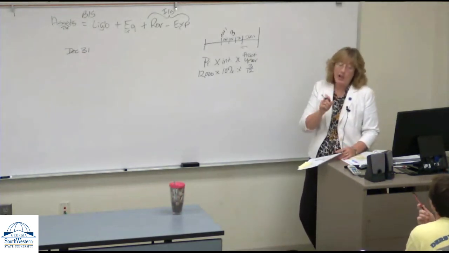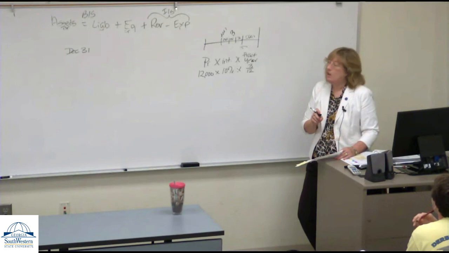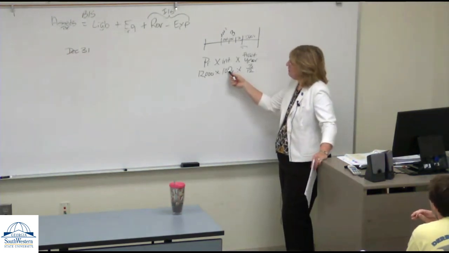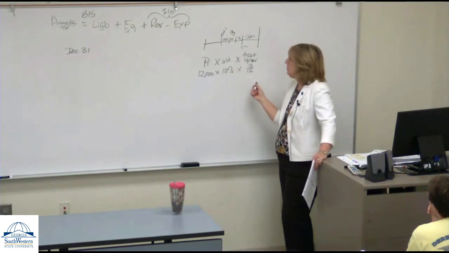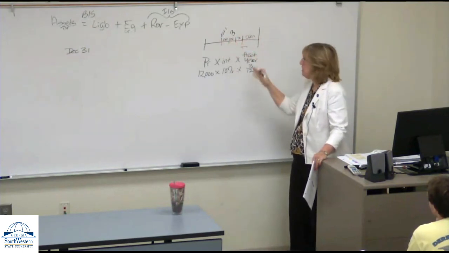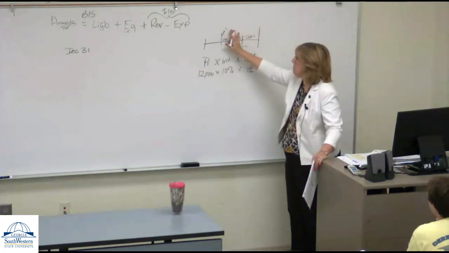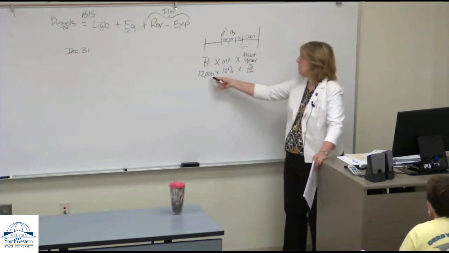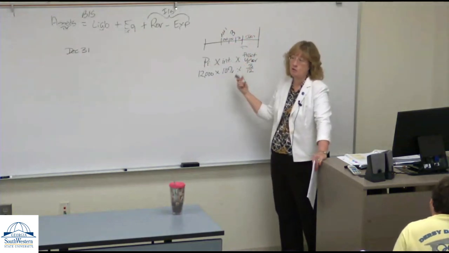Oh, so it'd be 3/12, not 3/4. What you could do is figure out what the interest would be for these 4 months, which would be a different thing, and then get 3/4 of that. But the annual interest for this, if we were doing it annually, is $12,000 times 10%, or $1,200.